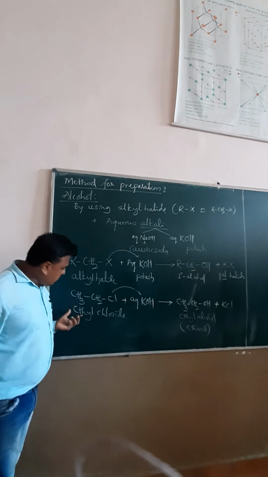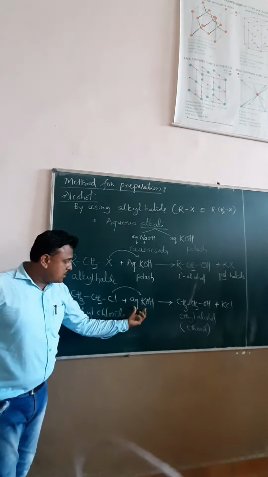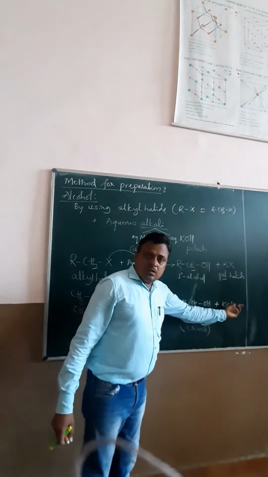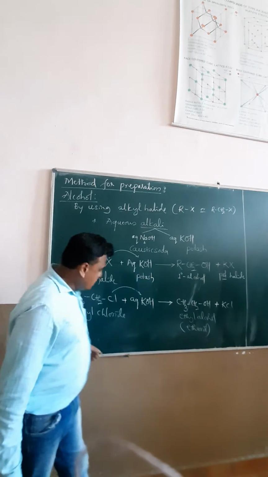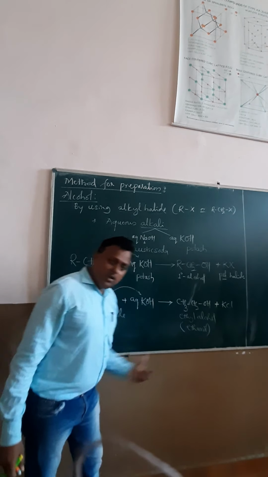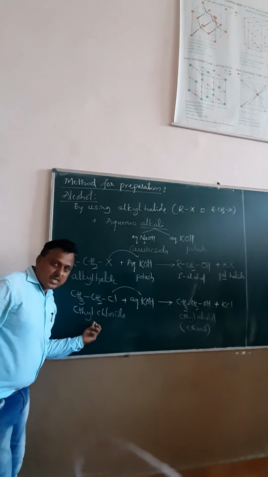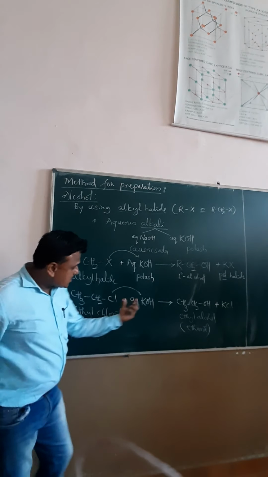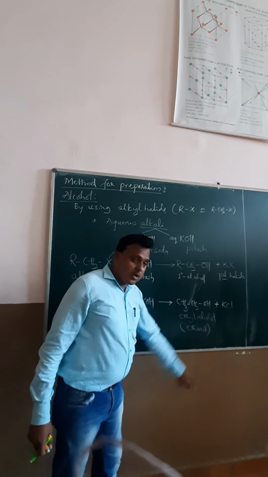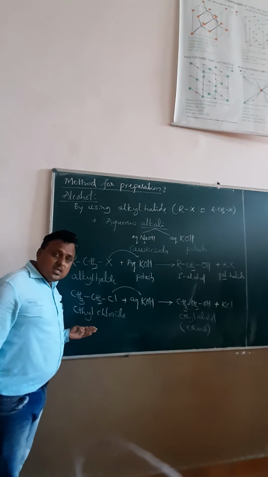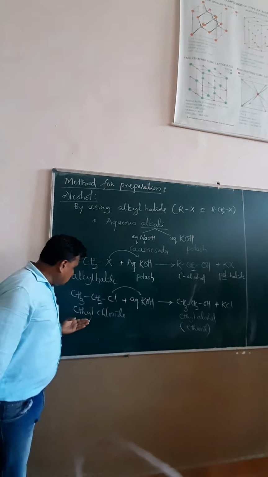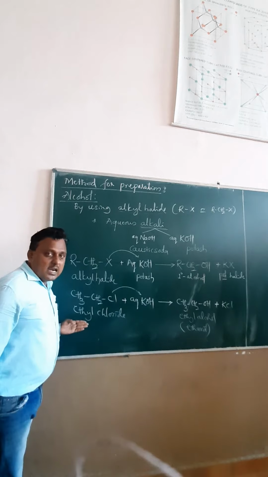Let us consider an example: ethyl chloride reacts with KOH to form ethyl alcohol and potassium chloride. Methyl chloride gives methyl alcohol, propyl chloride gives propyl alcohol. You can consider any alcohol, formed by using the corresponding alkyl halides.